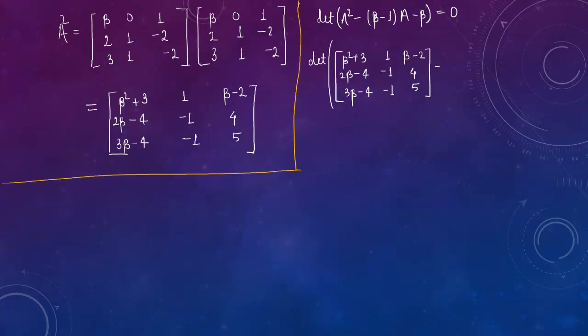Minus of, after multiplying (beta minus 1) into A. So directly multiplying here (beta minus 1) with the matrix A, there will be beta square minus beta, then there will be 0, and then there will be beta minus 1, and this will be 2 beta minus 2, this will be beta minus 1, this will be minus of 2 beta minus 1, again this will be 3 beta minus 3, this will be beta minus 1, and this will be again minus 2 beta minus 1.